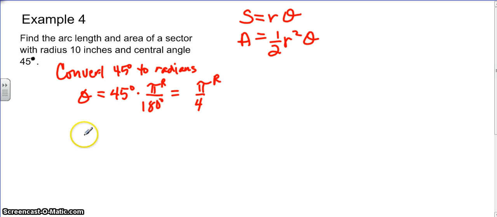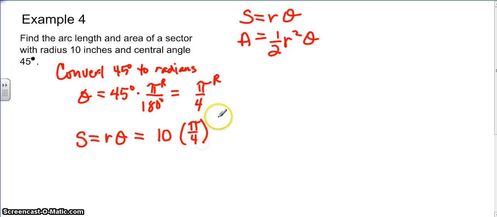Now I can find the length of the arc. So S is equal to r theta. The radius was 10, and my angle was pi over 4, which ends up being 5 pi over 2 inches exactly.